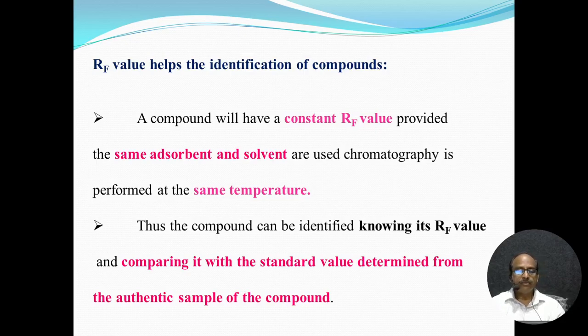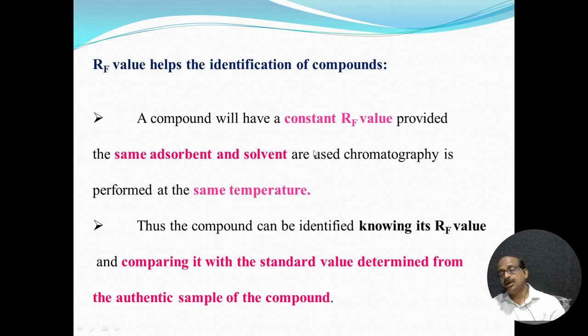Is the RF value helpful for the identification of a component? Yes, that is the most important use of the RF value: we can identify the component. With the same adsorbent, same solvent, and the same temperature, you get a constant RF value.